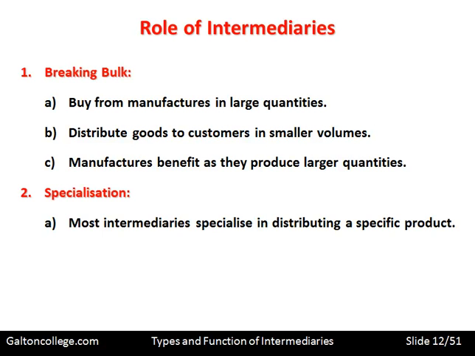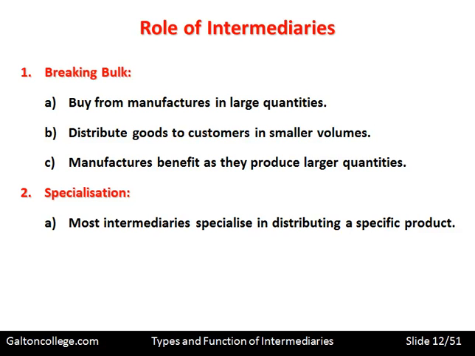Now, specialization. Most intermediaries specialize in distributing a specific product. So intermediaries may have specialism within the market. They may specialize in fabrics or clothing, foodstuffs, kitchenware, or toys for children.